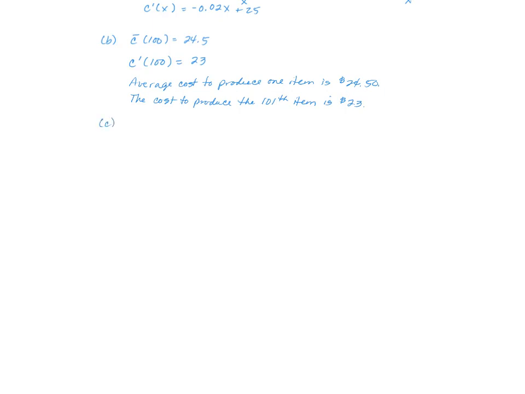In part C, we're going to do the same thing. We're going to figure out the average cost, but this time when we produce 400 items. In our calculator, that's about $21.13. And then the marginal cost is going to be 17, which is even better.